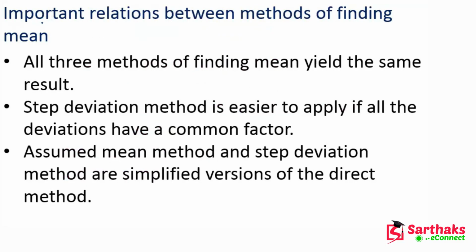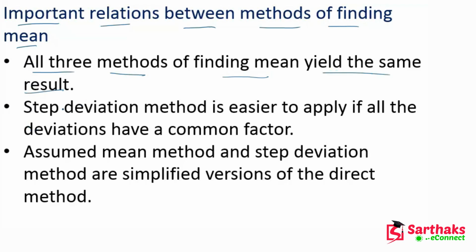Now my dear friends, important relations between methods of finding mean. There is some relation between the methods of finding the mean. What are these? All three methods: direct method, step deviation method, and assumed mean method, all three methods of finding mean yield the same result.